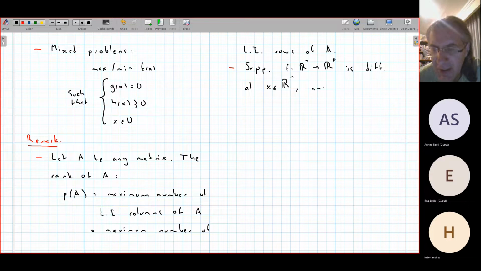And additionally, suppose that this function is given component-wise as f1, so on, fp.